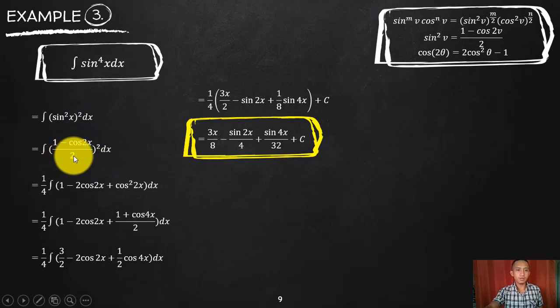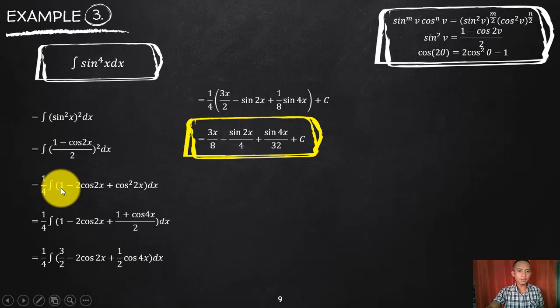If I square the 1/2, that will just become 1/4. I factor that out since it is just a number. But since I cannot yet integrate the quantity 1 minus cosine 2x squared, I will expand it.